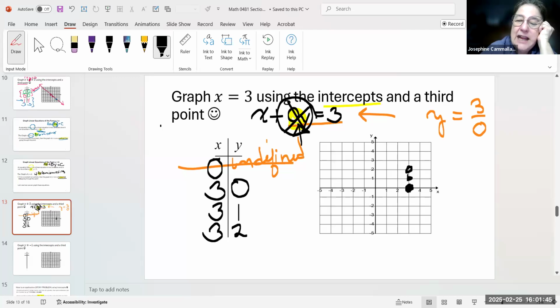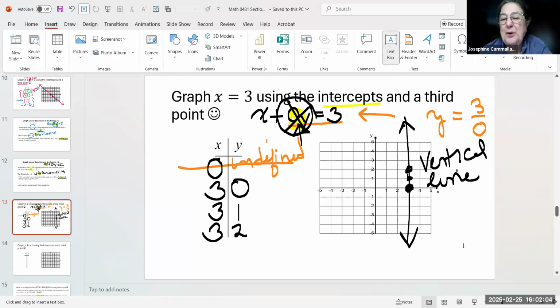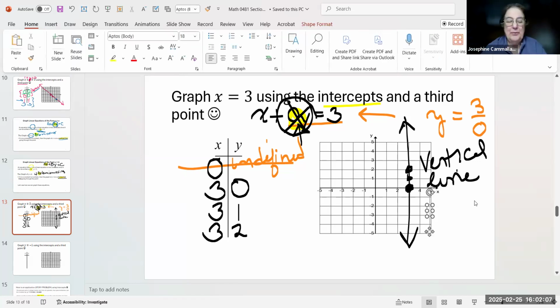Notice what I'm getting. A vertical line. And as you remember, in this equation, when the by term in ax plus by equals c is missing, you have a vertical line.